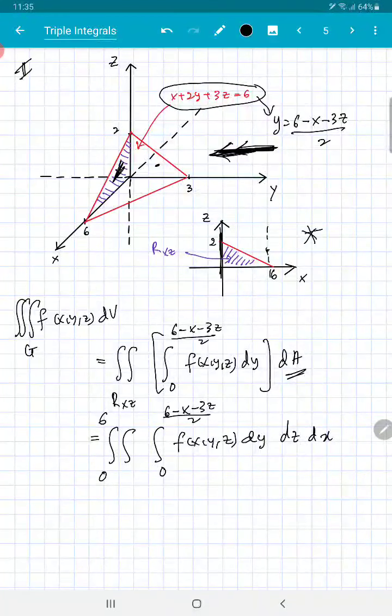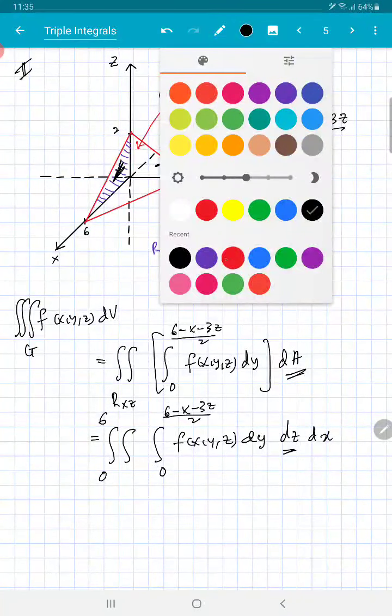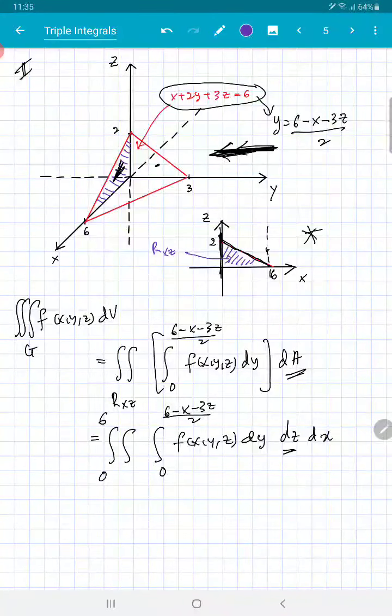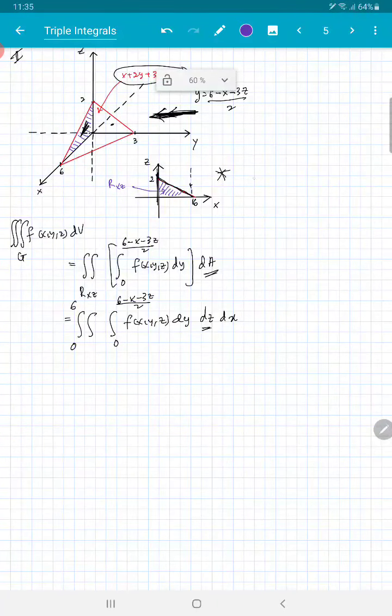Okay, and then we need to figure out the limits for z. So for the limit for z, you look at this line here. You can use y equals, so now it's going to be z equals mx plus c for the equation of the straight line. Or you can use this surface, because this line here is really part of this surface, except now y is 0.